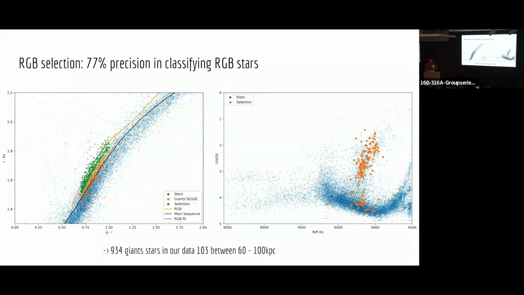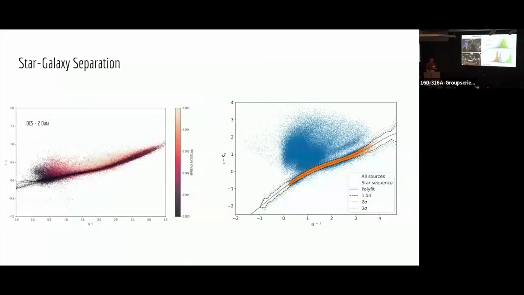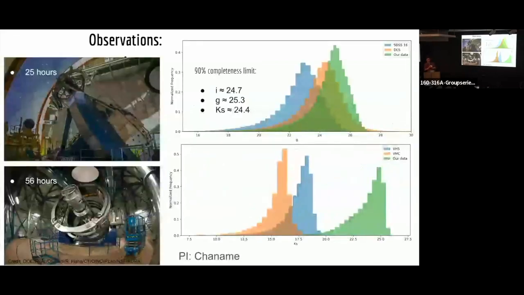Given the data that we have, that it is quite deep, particularly our most limiting band, it should in principle allow us to see a G2 star at 100 kiloparsecs. So it is within the limits, particularly for RGB stars, it should not be a problem. All of them are brighter than our limits.